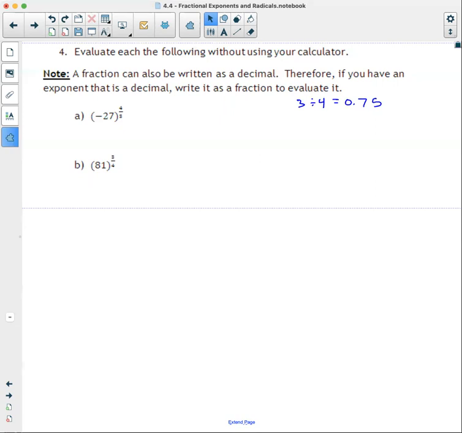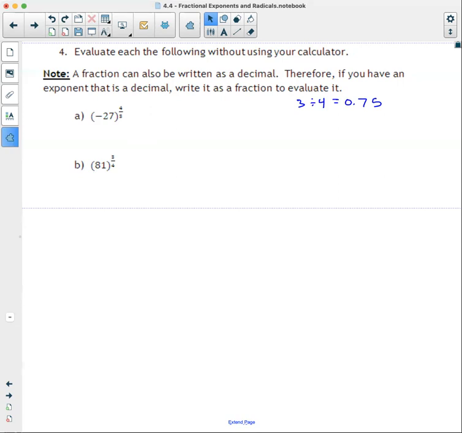So if you have a decimal as an exponent, it's best to convert it into a fraction, and then you can convert it into a radical.